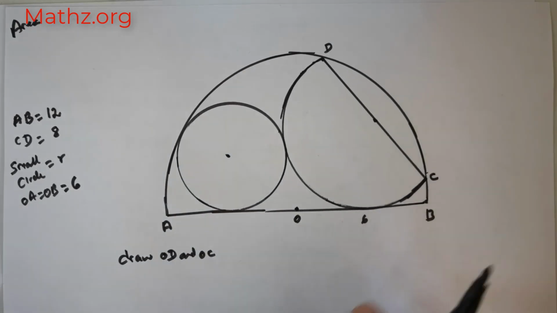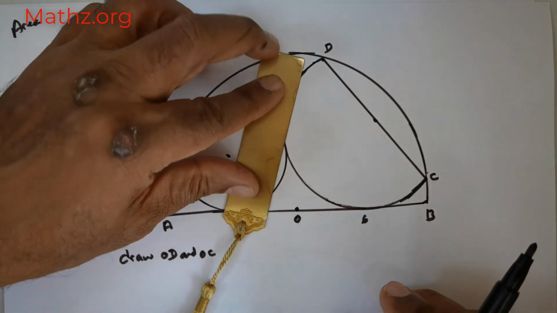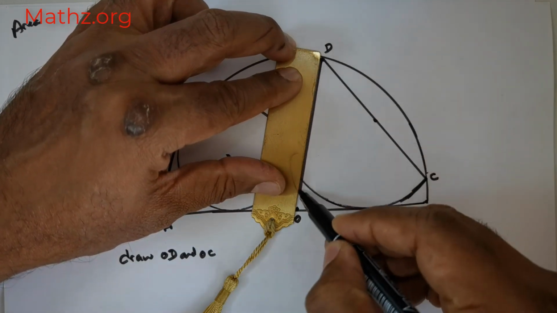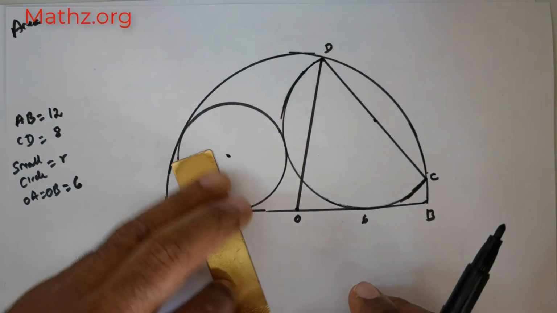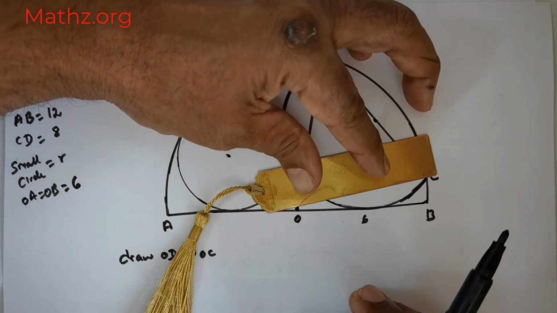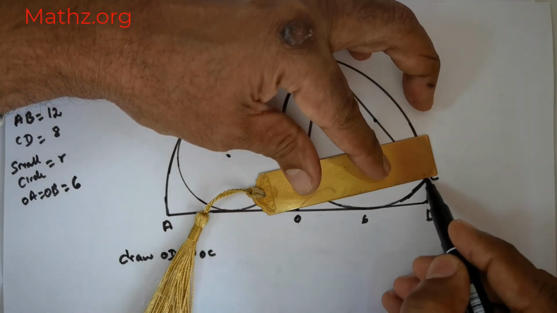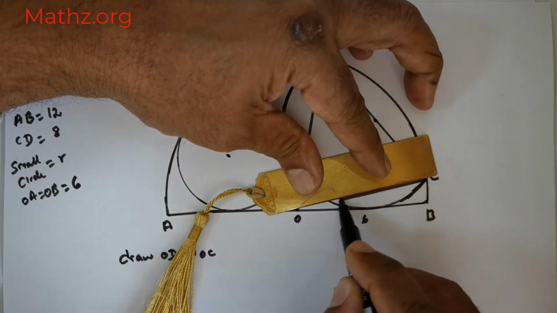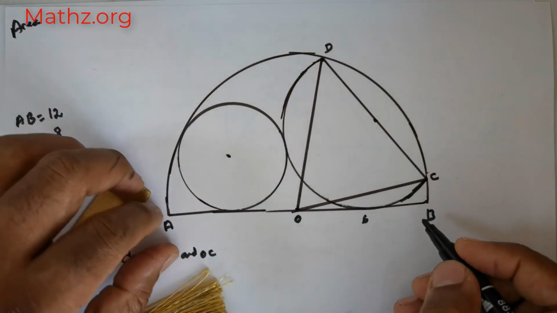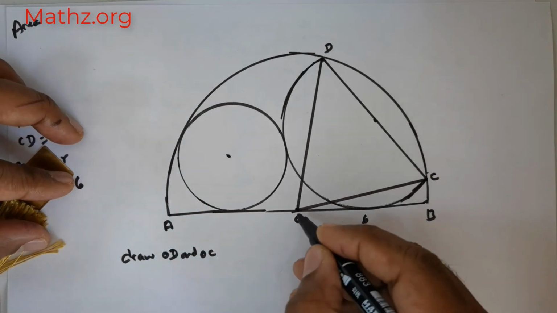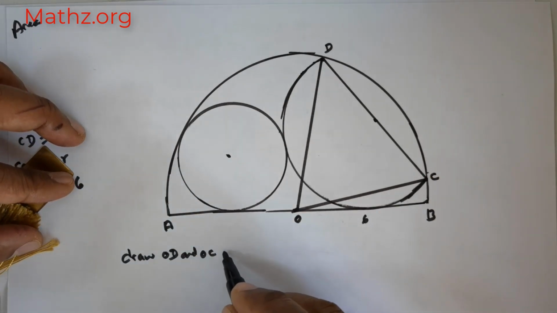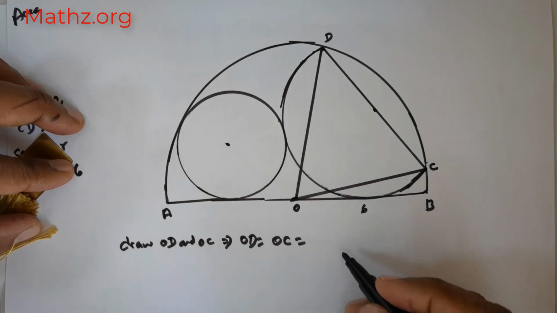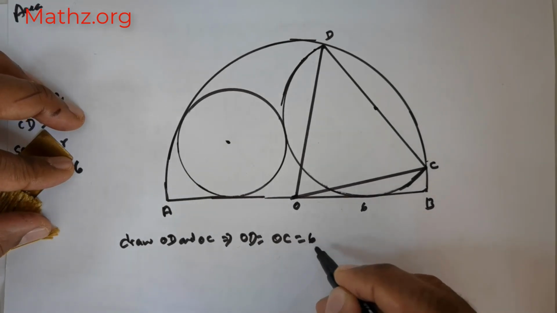Now OB is the radius. Now OD will also be the radius, right, of the big semicircle. This is drawn and this is drawn. Okay, now this means OD is equal to OC is equal to 6 units.